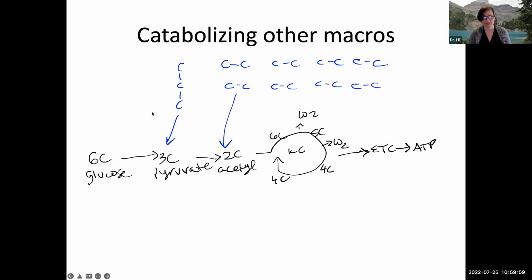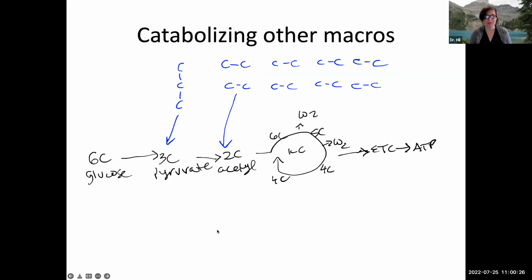So it comes in at the level of pyruvate. Then these fatty acid tails that are usually either 16 or 18 carbons long, that other lengths exist, but that's common. They get chopped into these 2-carbon bits. That process is called beta oxidation. And then these 2-carbon bits, they're basically acetate, get fed into this step right before the Krebs cycle.